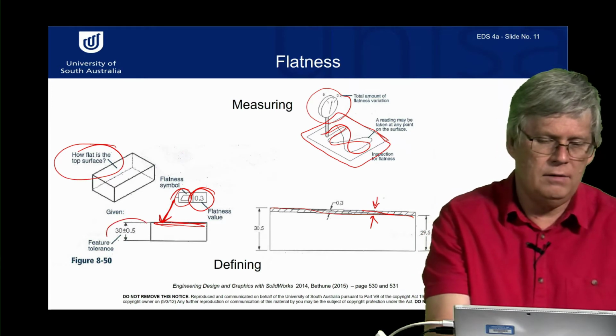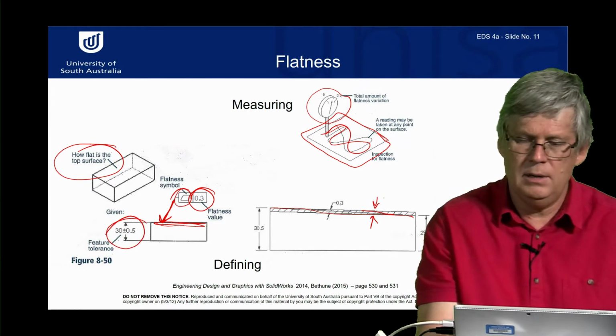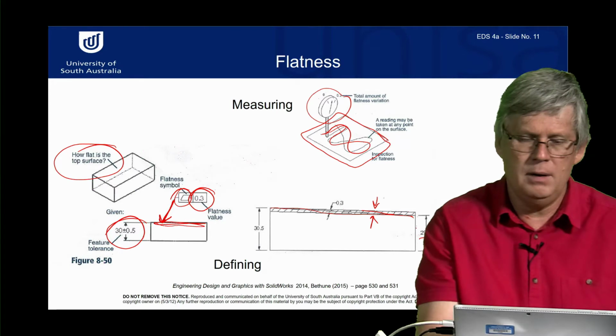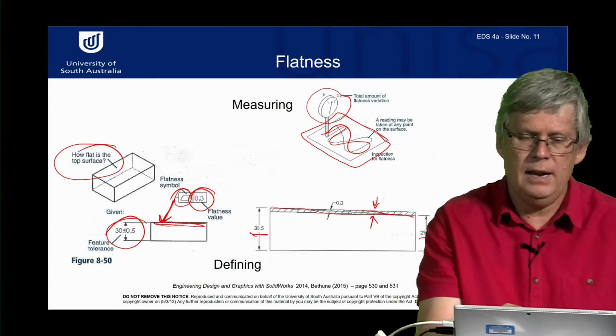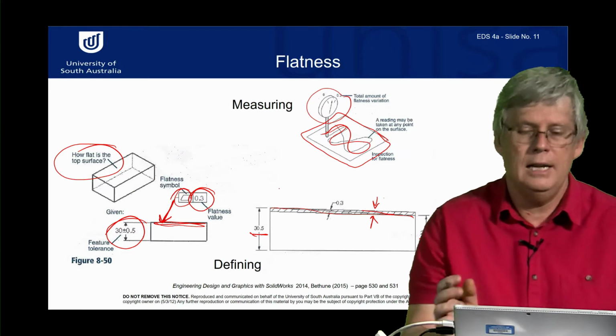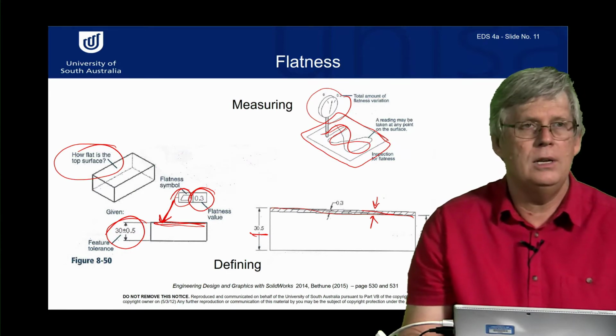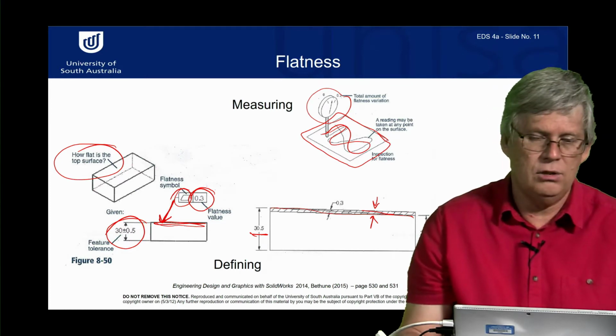We also have a general tolerance, so it can be within 29.5 millimeters high to 30, but we're also adding a flatness, so we don't want it coming outside of that range. So we can add a flatness symbol to our surface.